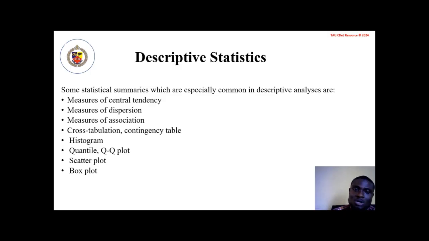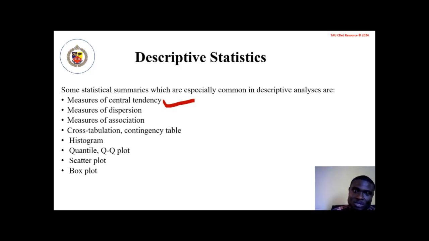There is what we call the measure of central tendency. Under the measure of central tendency, we are talking about the mean, median, and mode. Under the measure of dispersion, we are talking about the variance, the mean deviation, the standard deviation, the correlation, the regression, and probably the coefficient of variation.